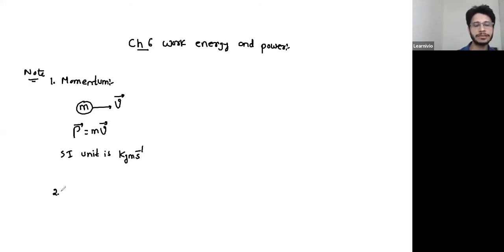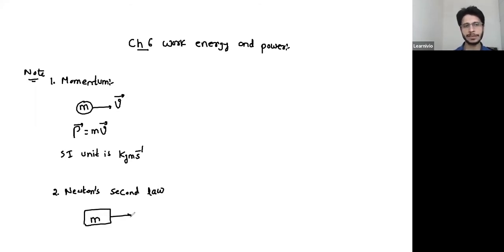After momentum, the next term is Newton's second law. I will use all these topics in work, energy and power. There are just 3 to 4 topics of laws of motion that we will use directly. Newton's second law simply says that if you have a body of mass m and you apply some external force F on the body, the force acting on the body is the rate of change of momentum.